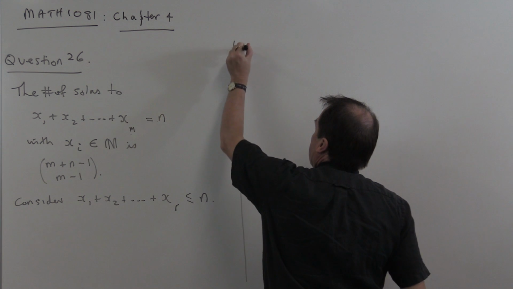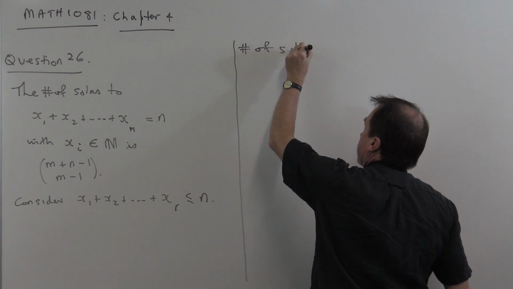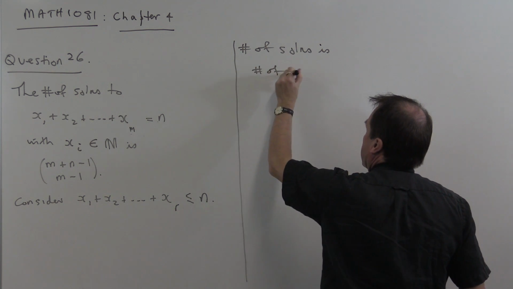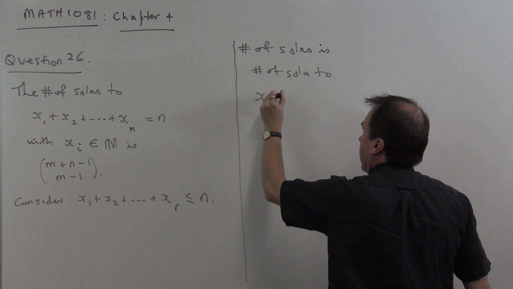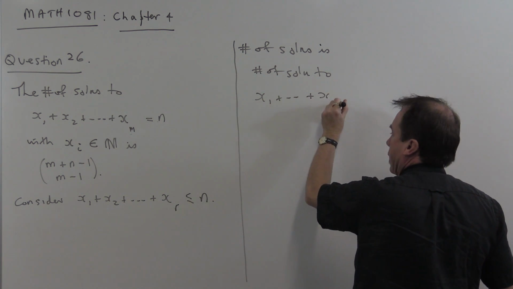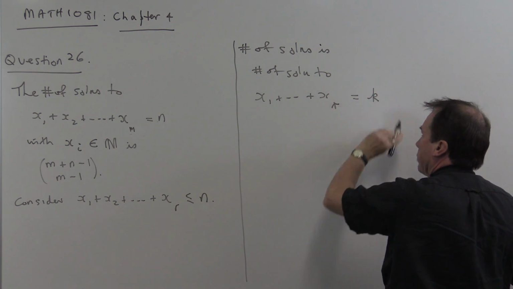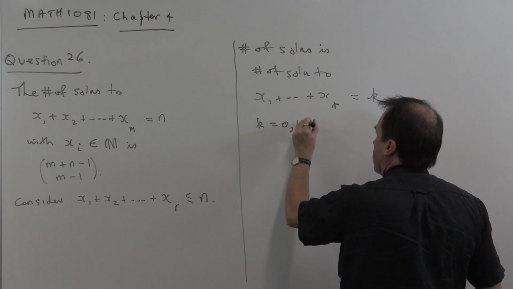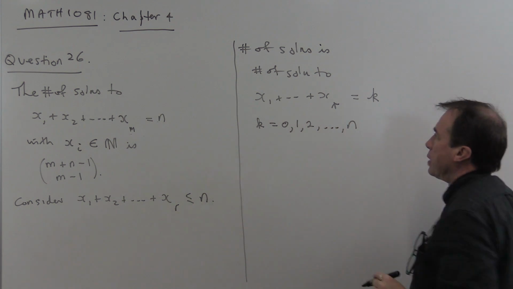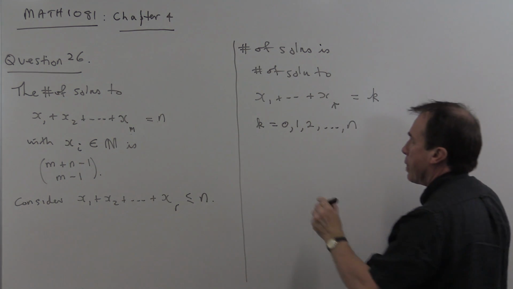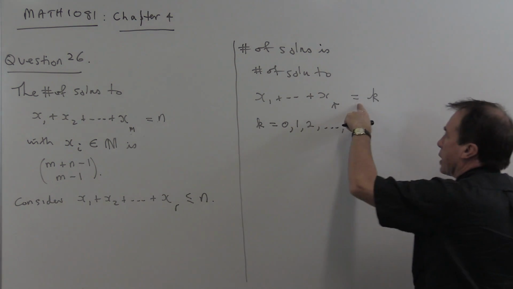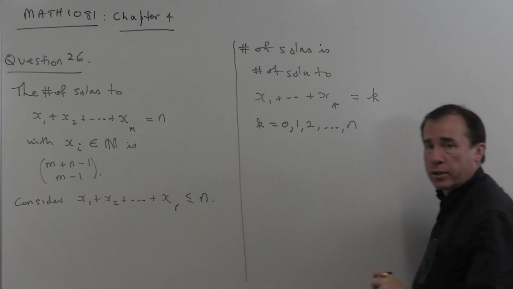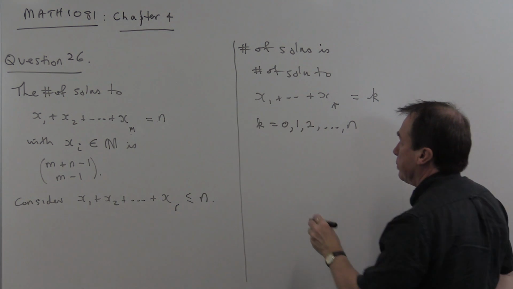So the number of solutions is going to be the number of solutions to x1 plus up to xr equals, say, k, where I take k to equal 0, 1, 2, all the way up to n. And I'm just going to add them all up. So I'm replacing the less than or equal to with a k, and then I put k from 0 up to n, and that'll give me all the solutions for less than or equal to n.